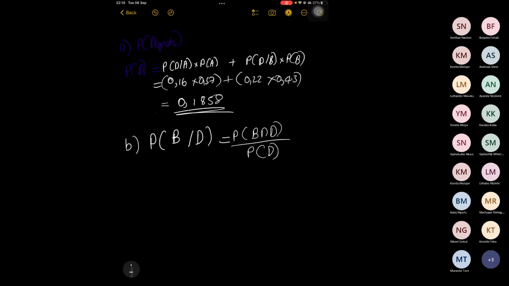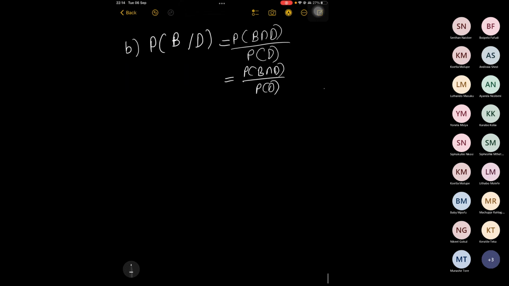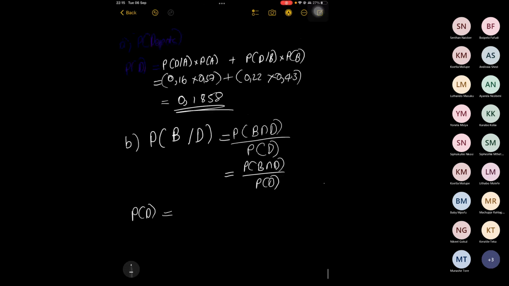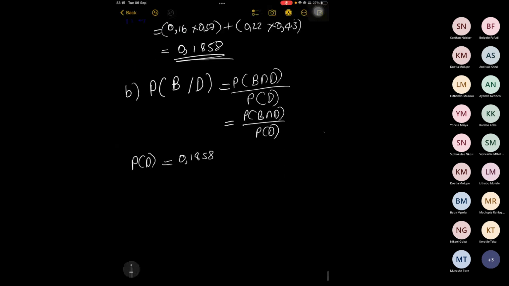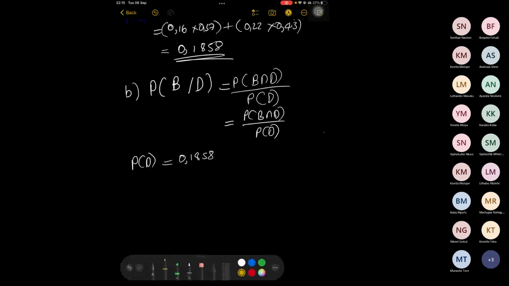So please watch out for that. So for this one now, it is probability of B intersection D over probability of D. We already know that probability of D is equal to 0.1858. We already know the denominator right now.